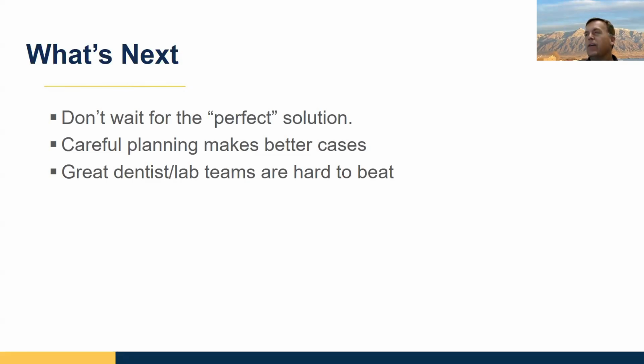You're going to want to have a plan to get a good solution. For these kind of cases, usually a number 9 crown is not going to get you what you need. Photos, very, very important, but also look at the case holistically and make sure, have I set myself up for success on this case?